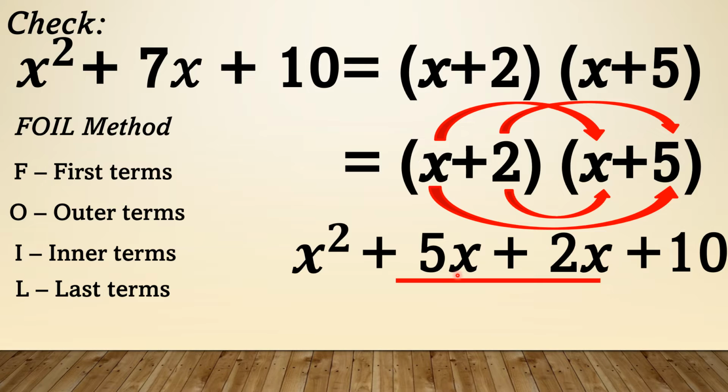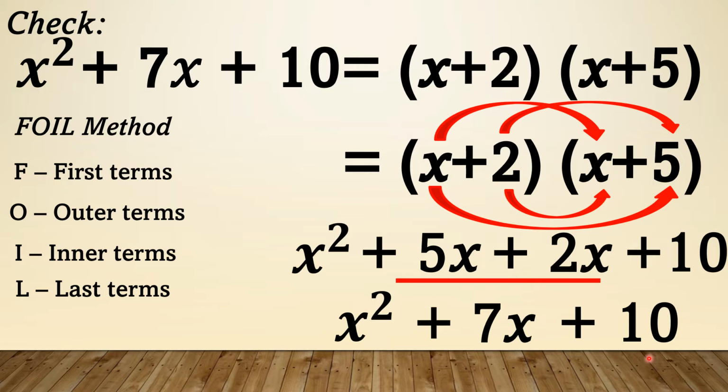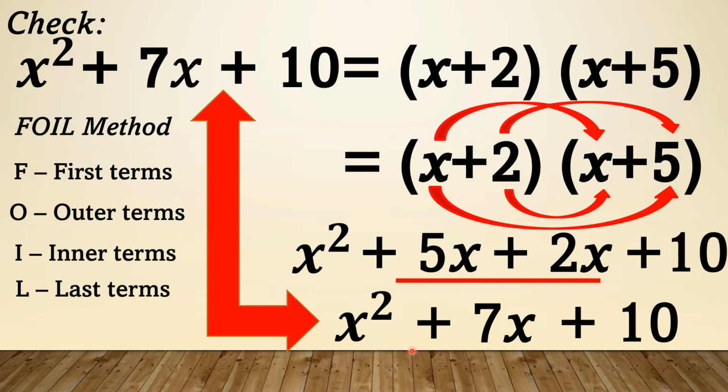So we are going to combine the like terms. So we have x squared, 5x plus 2x will give us 7x. Then we have the last term, 10. So if our answer is equal to the given trinomial, then it means that our factors are correct.